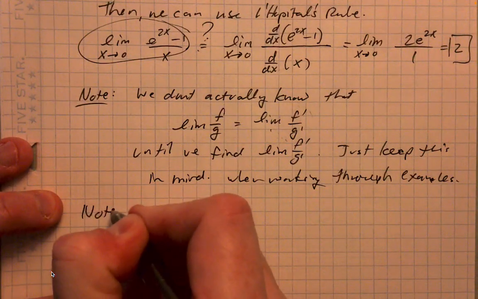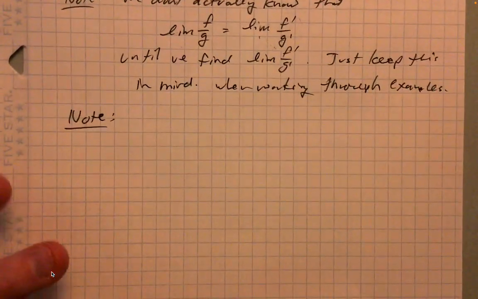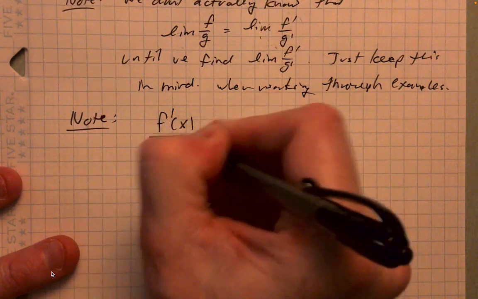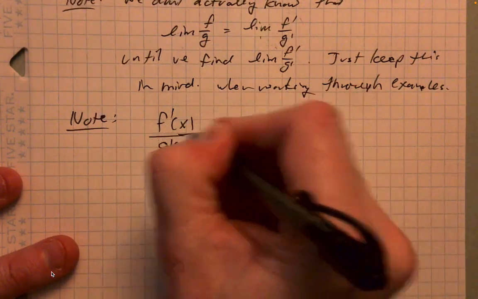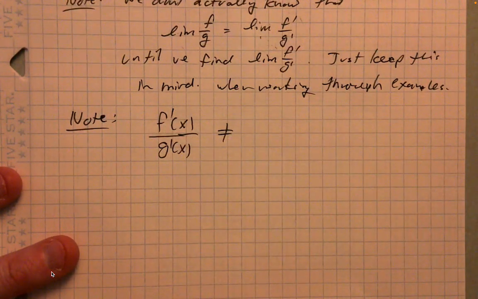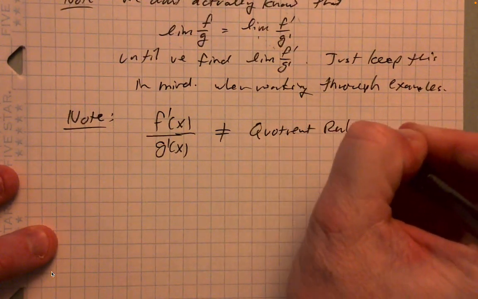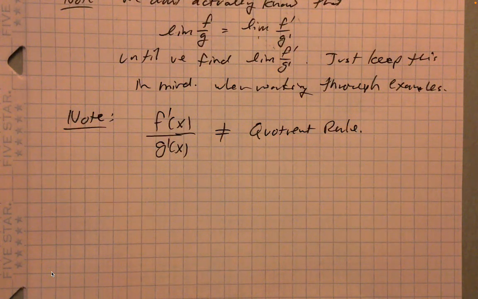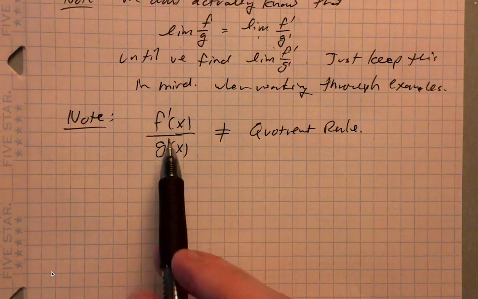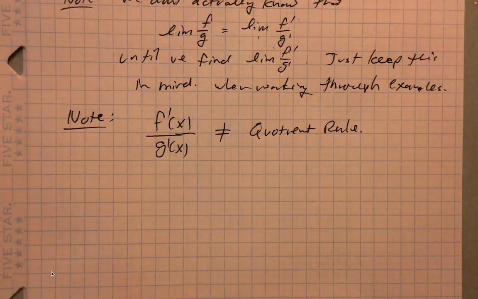Secondly, when we say f prime of x over g prime of x, this is not the quotient rule. When teaching this class, I've seen people see f over g, a ratio of two functions, and assume the quotient rule. This is totally different.